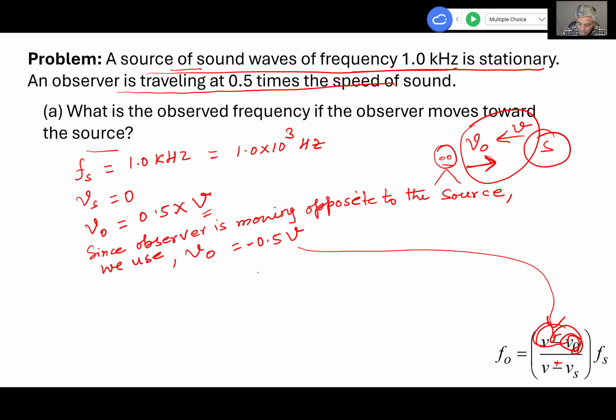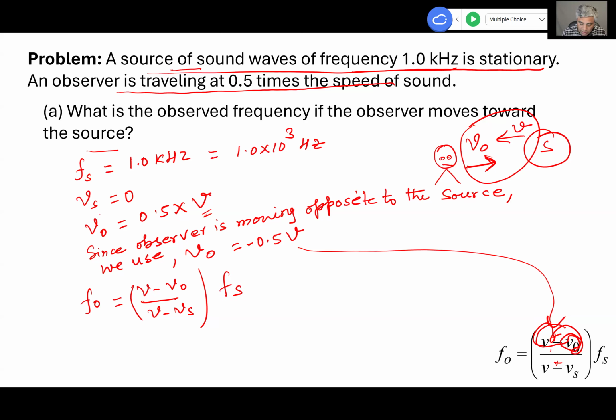Okay, so now we have that V0 and Vs, and V is V. So the frequency received by the observer is given by this formula here: V minus V0 over V minus Vs times the source frequency.